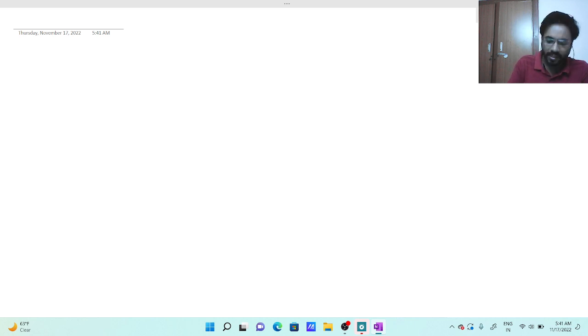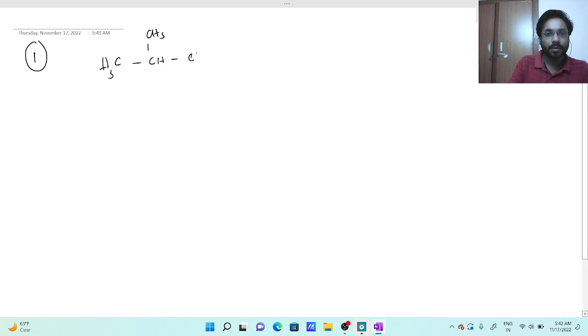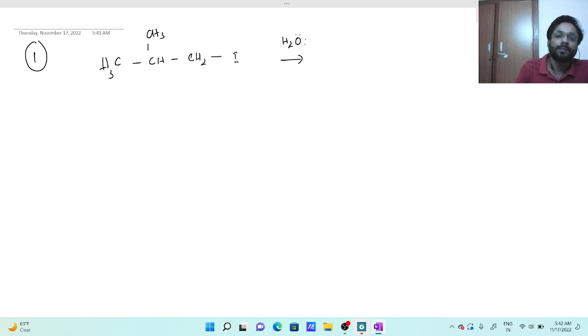Let's say one example I am writing here: CH3, CH3, CH, CH2, and this is iodine. This is reacting with water. So here water is the nucleophile. So we will get two products.